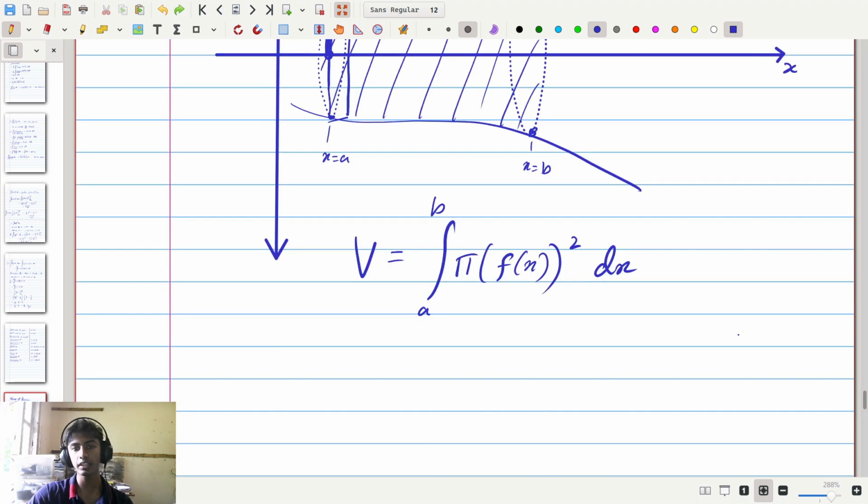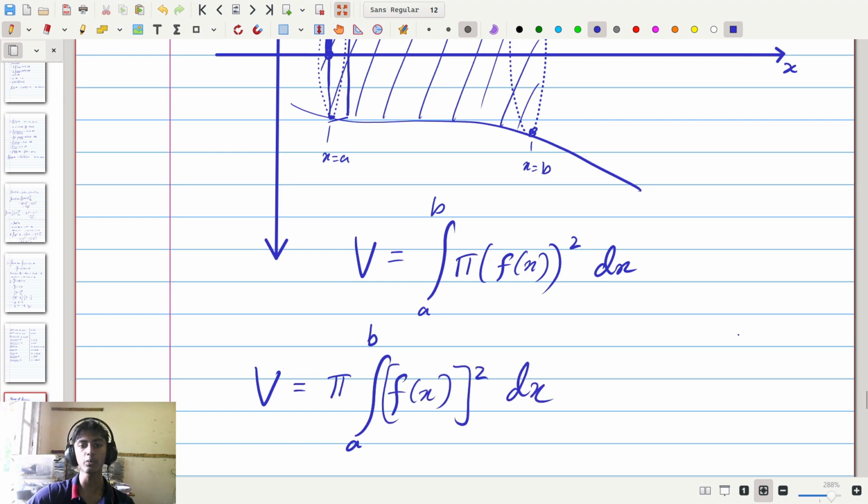We can actually take this pi outside of this integral because pi is a constant. We generally tend to do that, and so we generally write that the volume of revolution of a certain graph y equals f of x is given by pi times the integral from x equals a up to x equals b of f of x whole thing squared, integrated with respect to x.